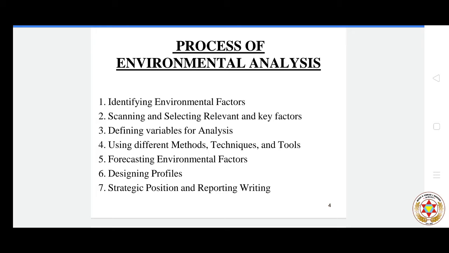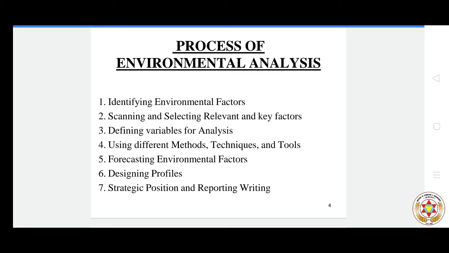The third step is defining the variables for analysis. In this step, a careful analysis of all the environmental factors is made to determine their effects on the different business levels and on the business as a whole. The different tools available for the analysis include benchmarking, the Delphi technique, or scenario building.